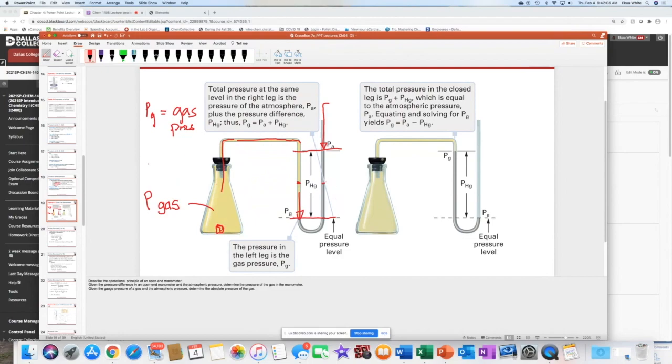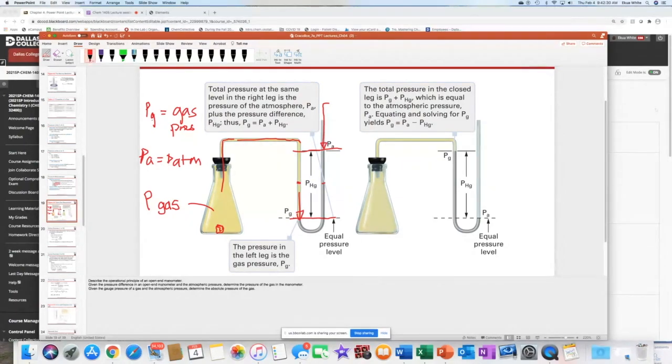Okay, so you have a pressure of a gas, you have a pressure of the atmosphere, PA equals pressure of the atmosphere. But I'm going to double check on the pressure due to height to make sure, because gravity is not really making a big difference in what we're talking about right now. We're talking about more of competing pressures versus the effect of gravity.